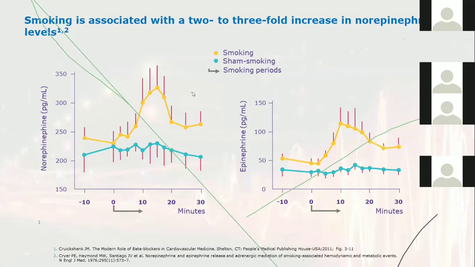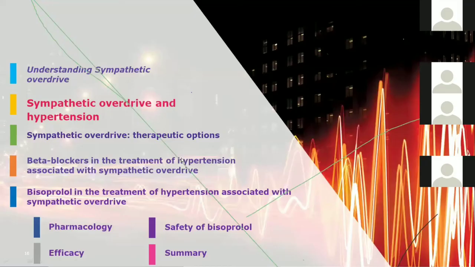It was seen in this experiment that the norepinephrine was higher in those who were smokers as compared to the sham smokers. So we have tried to understand what the sympathetic overdrive is, how it is affected by the different conditions: hypertension, diabetes, obesity, smoking. And now let us see what it does to blood pressure.